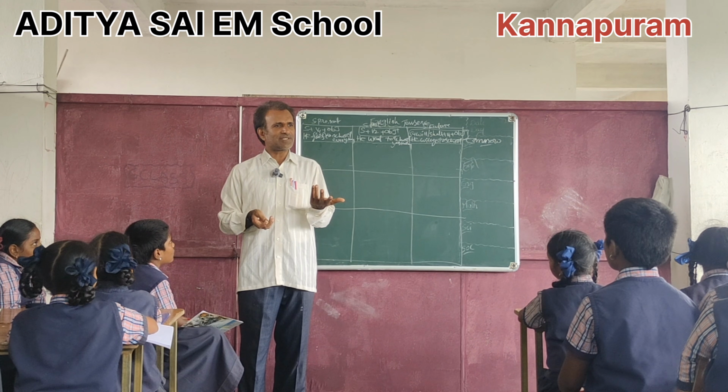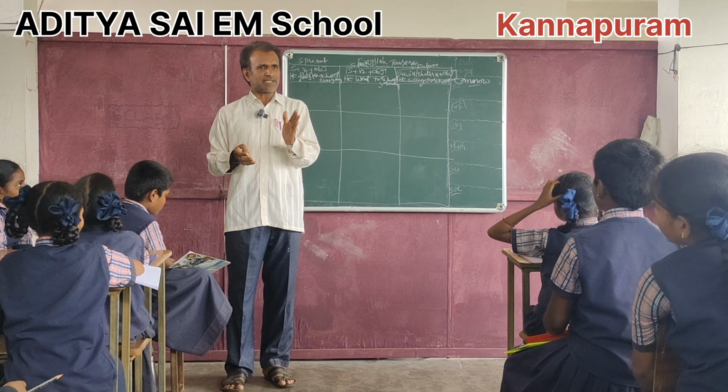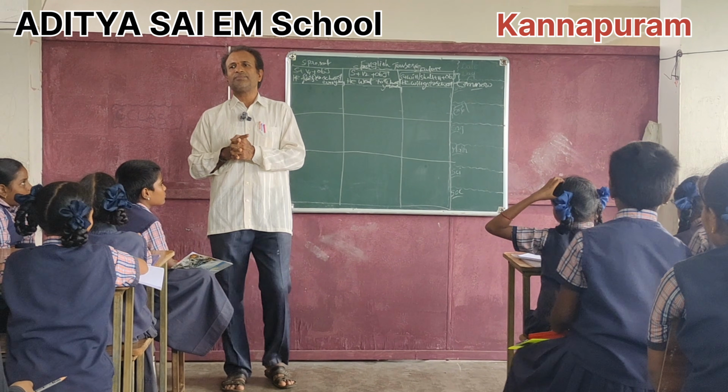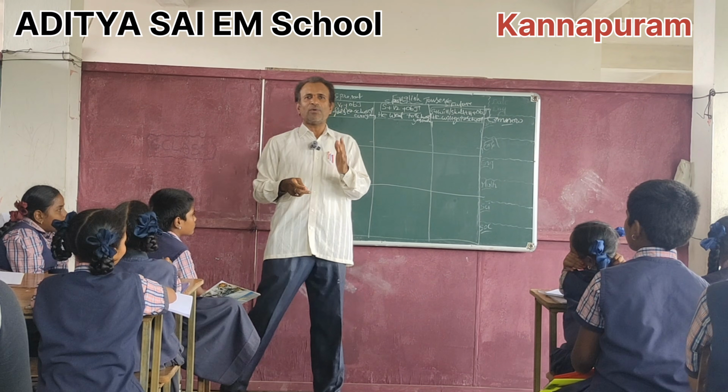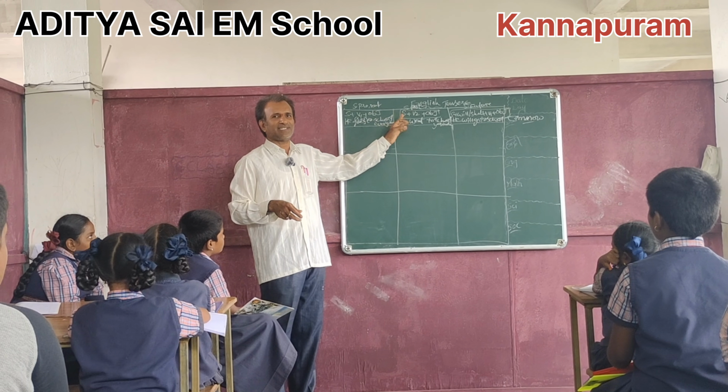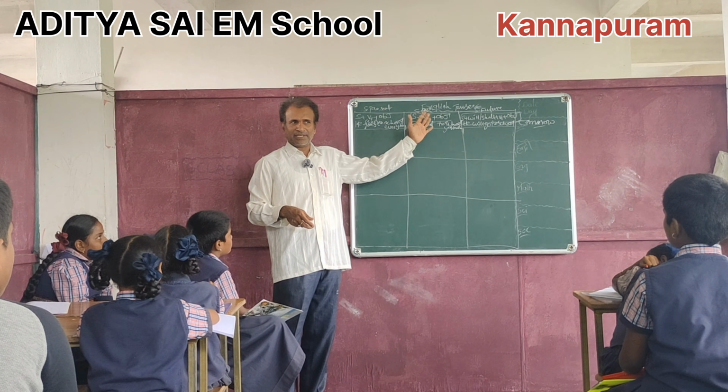Understand the difference? Simple present, simple past and simple future. If you want to distinguish and demarcate one tense from another, compare one tense with the other. This is a multi-dimensional table.